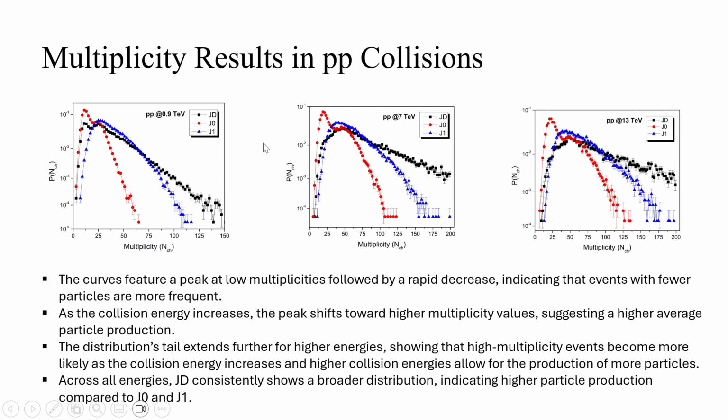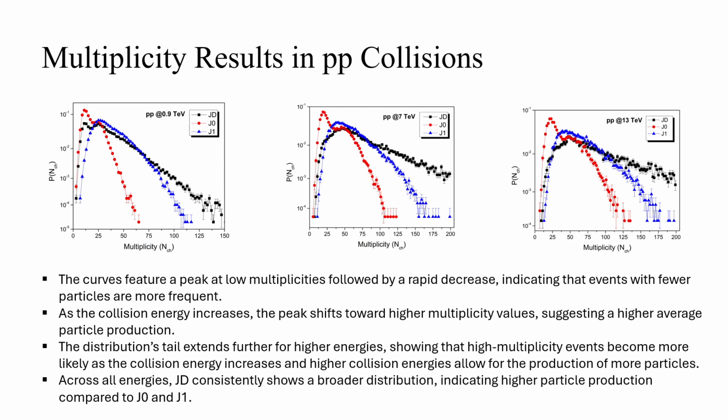You can also say that the J0 data set basically peaks at the lower multiplicity. You can see the peak of J0 is at the lower multiplicity. Understood? Also here, this red curve shows when your jet is set as off, and when your jet is off, your data set shows a peak at lower multiplicity.